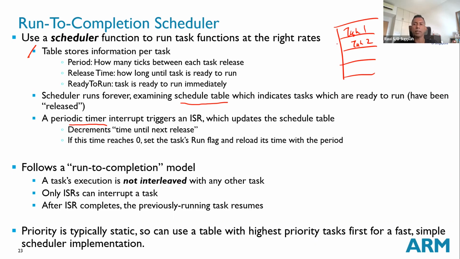That means when something happens, I can rearrange the sequence in the table so that maybe task 2 is now more important, so task 2 will run first and task 1 will run later. When the next timer interrupt happens, whoever is at the top of the table will be scheduled to run, but in the meantime this table can be rearranged before the next interrupt happens.